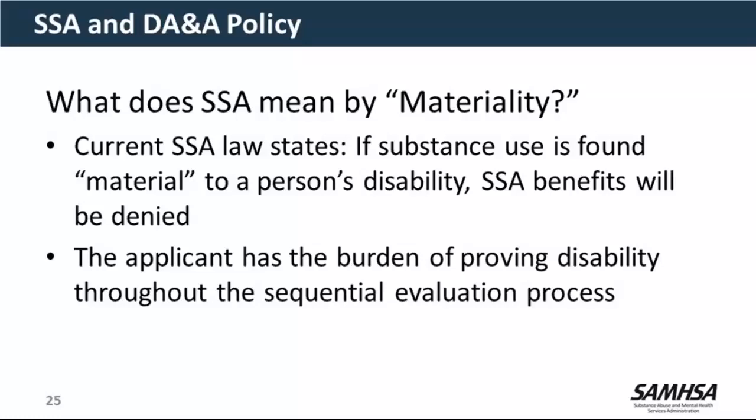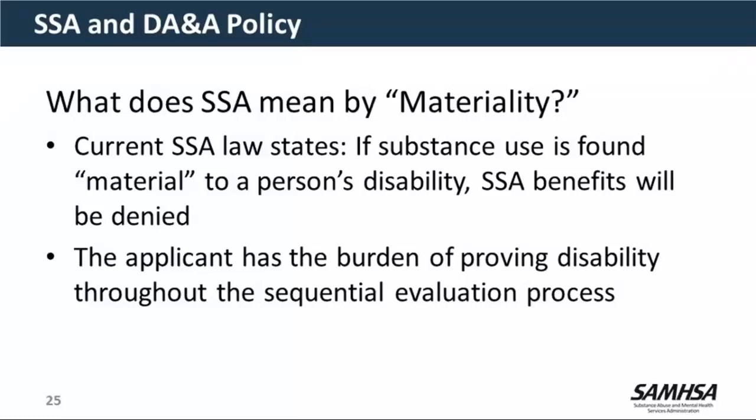So beyond the sequential evaluation that we learn about in our SOAR fundamentals trainings, SSA uses another sequential evaluation to determine the materiality and the eligibility for benefits when conditions are accompanied by drug abuse or alcoholism.